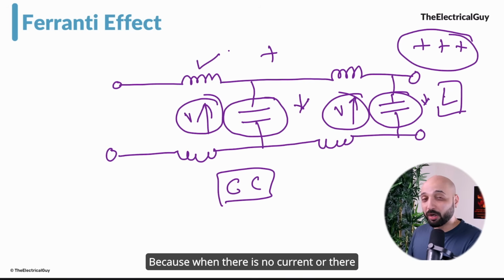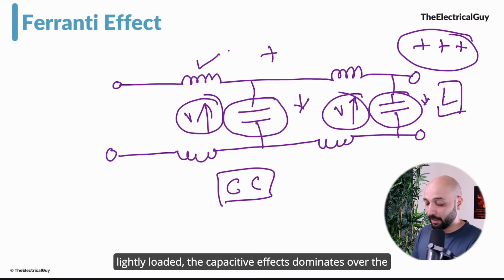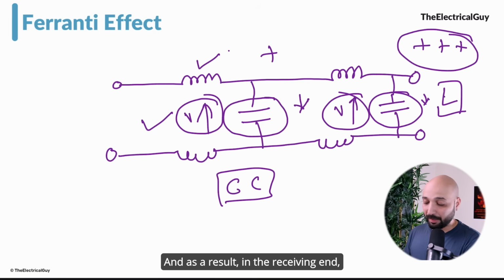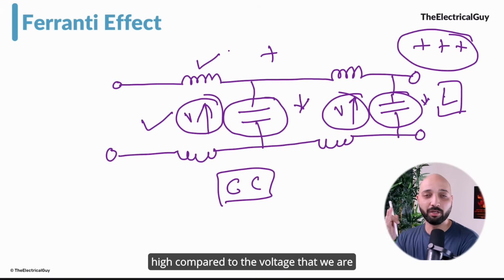Because when there is no load or the transmission line is lightly loaded, the capacitive effects dominate over the inductive effect. And as a result, the voltage we get at the receiving end is very high compared to the voltage that we are sending.